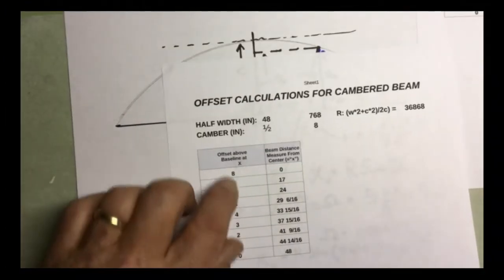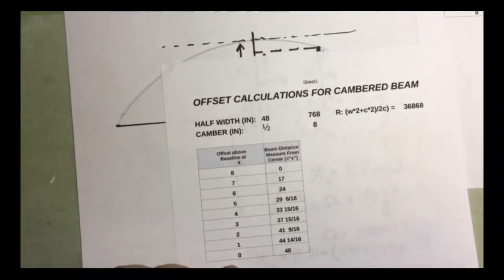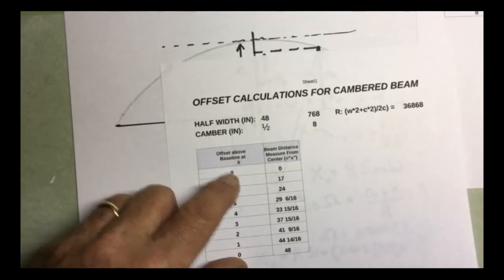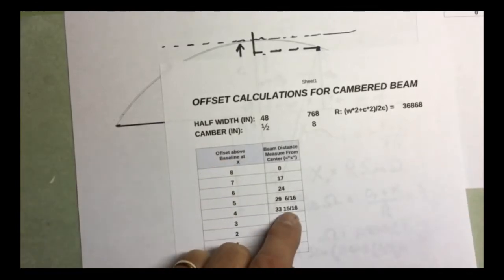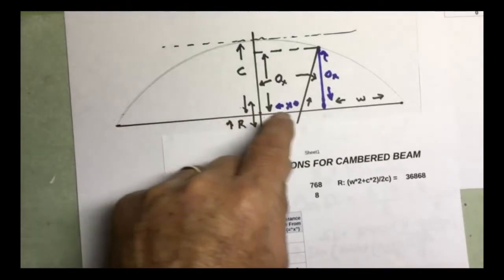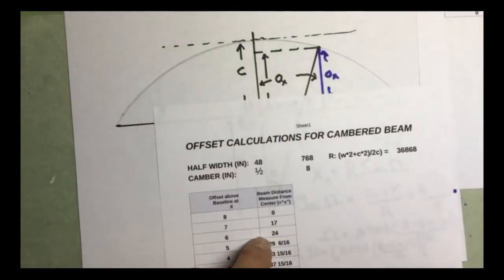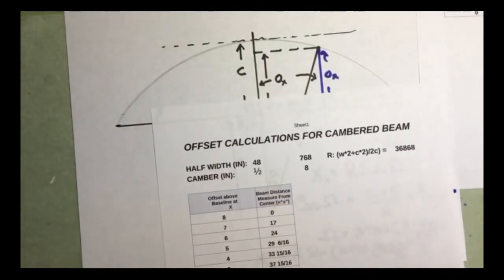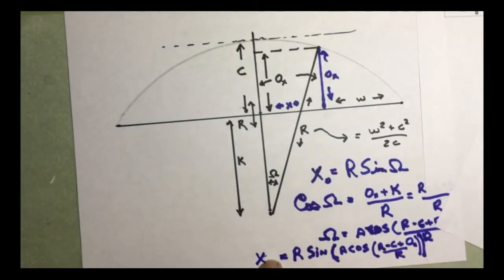In both these cases, the input is the height of the offset, and the spreadsheet generates out the distance offset from the center using, for this column, this formula that we generated.